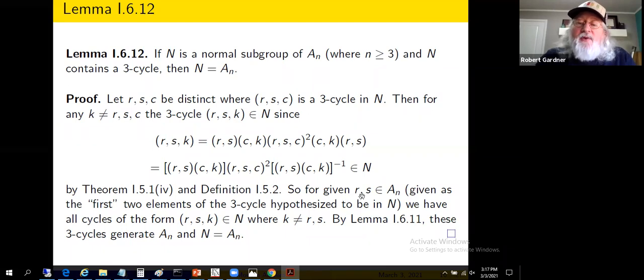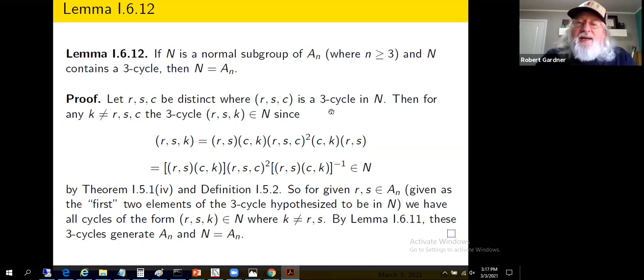So for given R and S, given as the first two elements of the 3-cycle, we hypothesize to be in n. It's actually not R and S that are in n, it's this 3-cycle that we get in n.